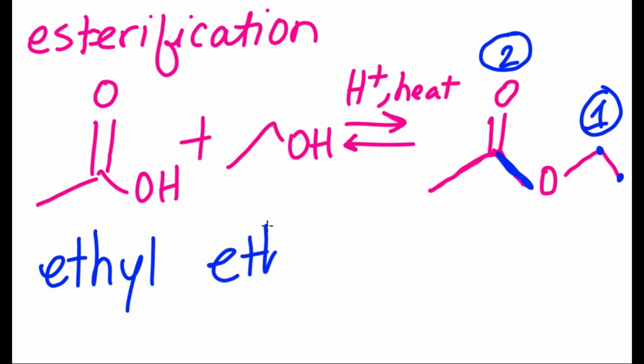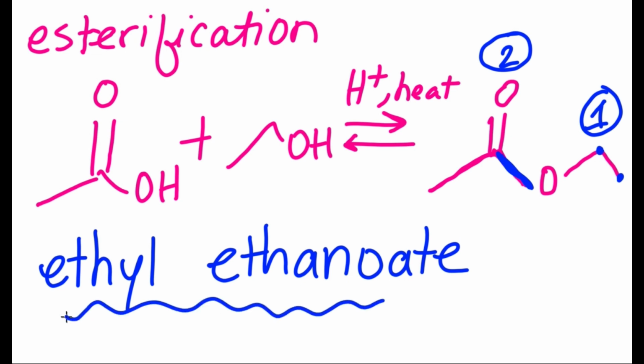Then ethanoate, just like the salts. So the alcohol side first, and then the carboxylic acid. I'm just going to use CA because I don't feel like writing that so many times.